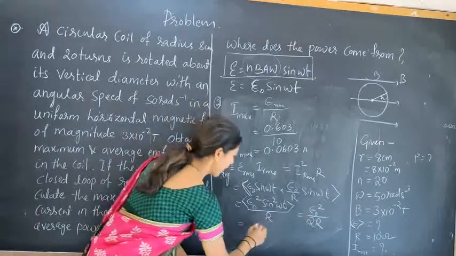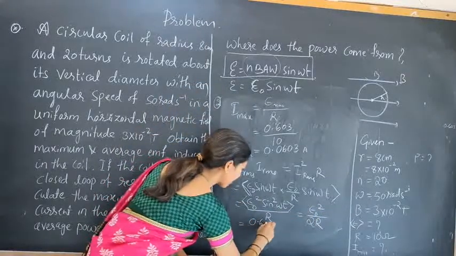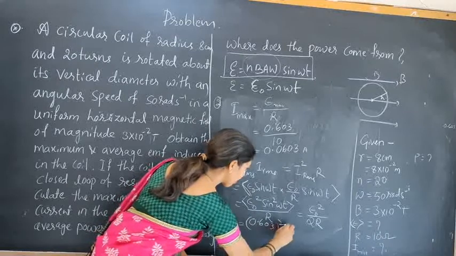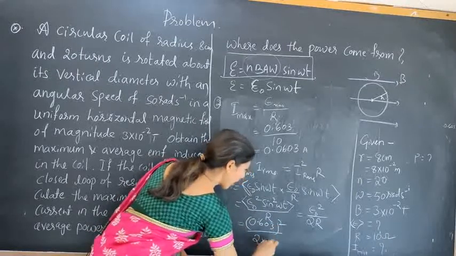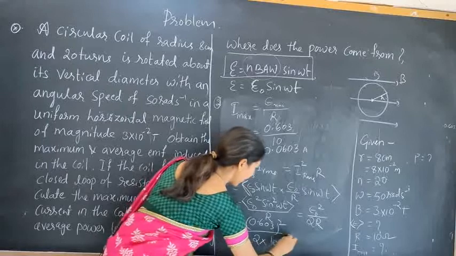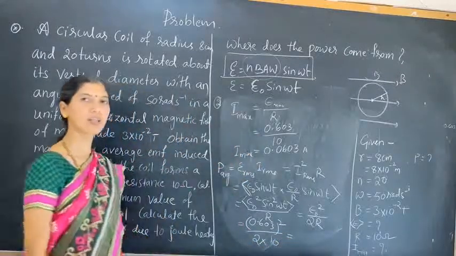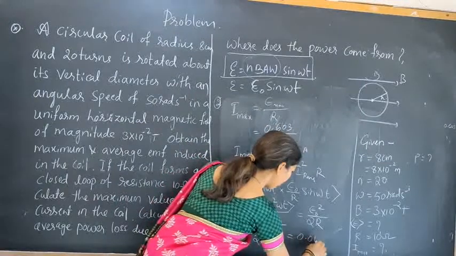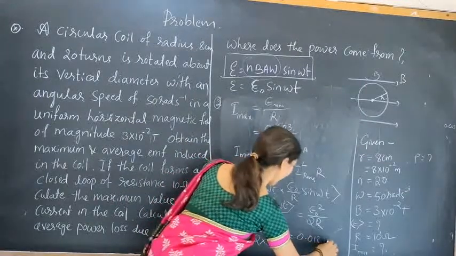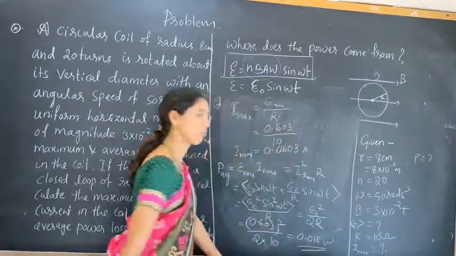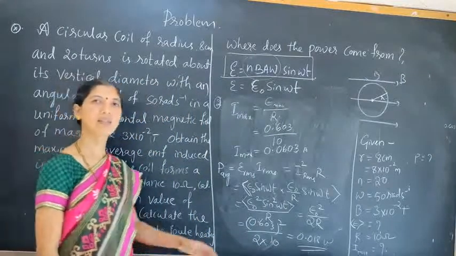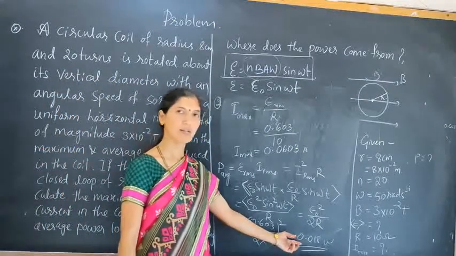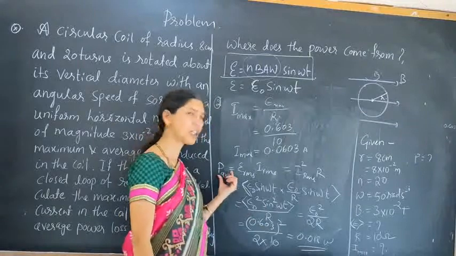Substitute the value. E naught square is 0.603 whole square divided by 2 into the R value, which is 10. After solving this, we get 0.018 watt. This is the answer for the average power.